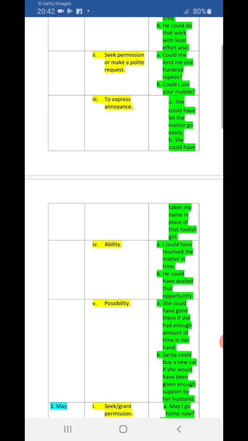Next one, number B. He could have availed that opportunity. So someone is basically very talented and someone else is speaking over here, expressing that he could have taken that opportunity, or he could have accessed, he could have snatched that very opportunity.